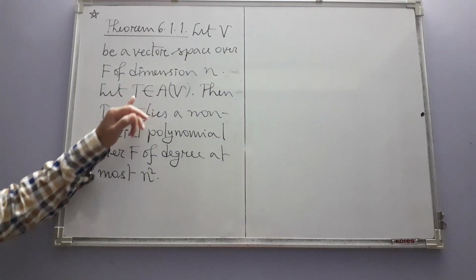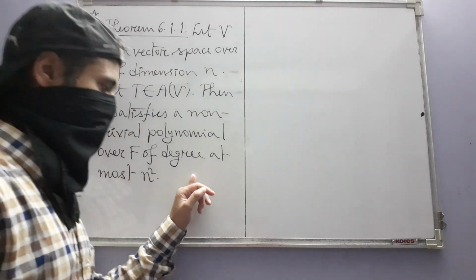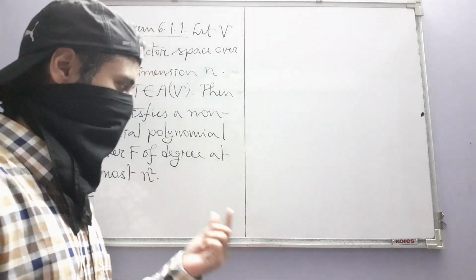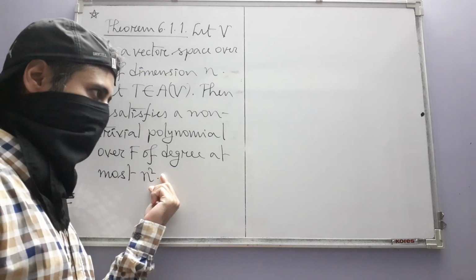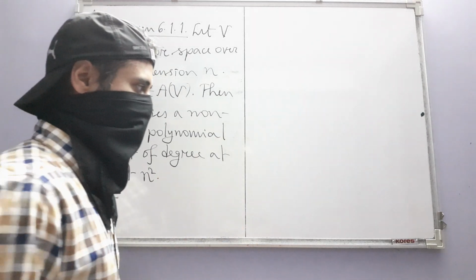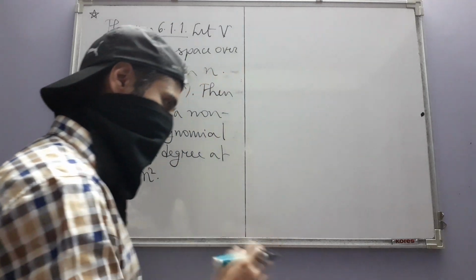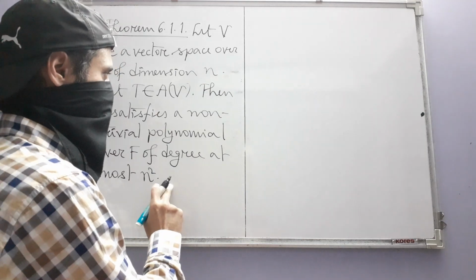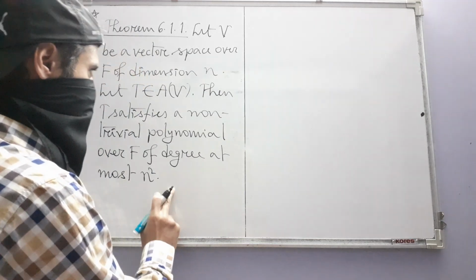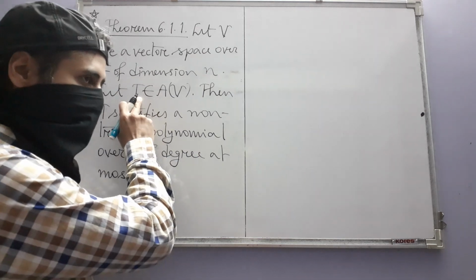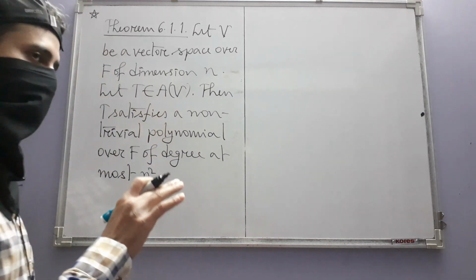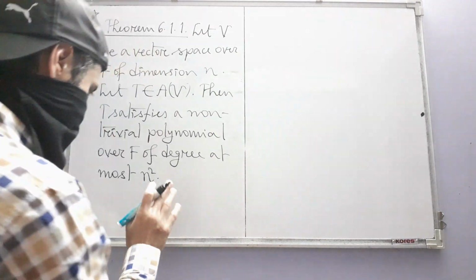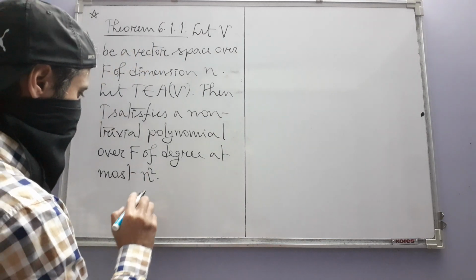Because any such element is now going to satisfy at least one non-trivial polynomial of degree at most n square, there will be one with the smallest possible degree also, and such a polynomial will be called a minimal polynomial for the linear operator T. But before we write that down, let us note one more thing also.